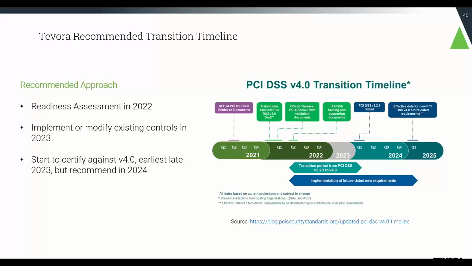Then look at in 2023 implementing and modifying those controls, again, either documentation or technical. And then if you wanted to adopt it early, start to certify against 4.0 earliest late 2023, but really recommend that 2024 aspect.